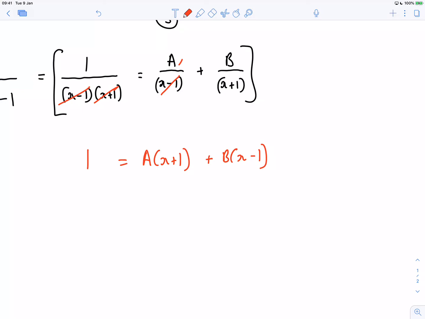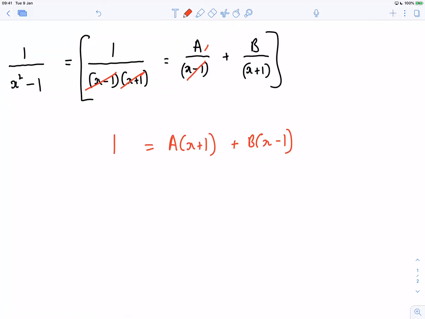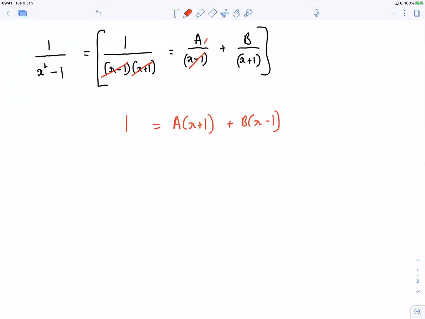Now there's various ways. There's two ways, in actual fact, that I like to use. One of them is comparing coefficients, because I want to find values of a and b for which this is true. So if I expand this, I will get 1 equals ax plus a plus bx minus b.